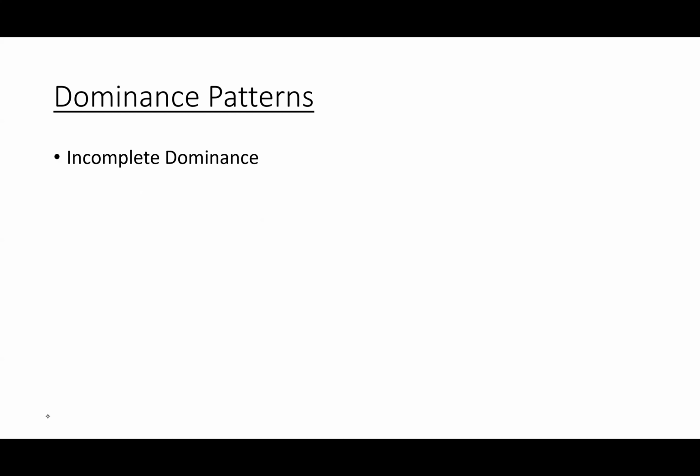So in this case, neither allele covers the other one fully. So we do get what we would call an intermediate phenotype, meaning that we get a phenotype that looks like it's somewhere in between the 2 alleles.